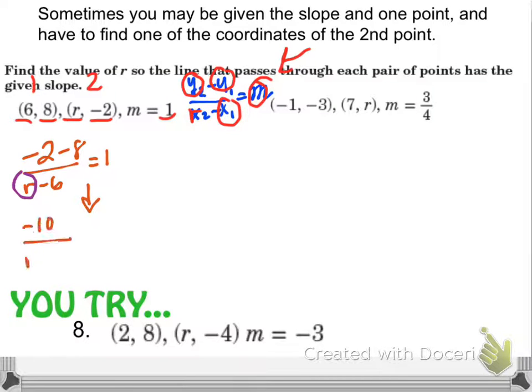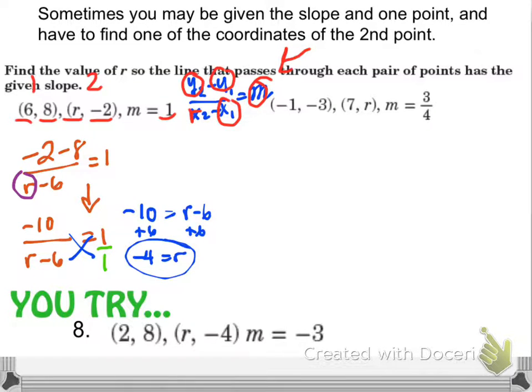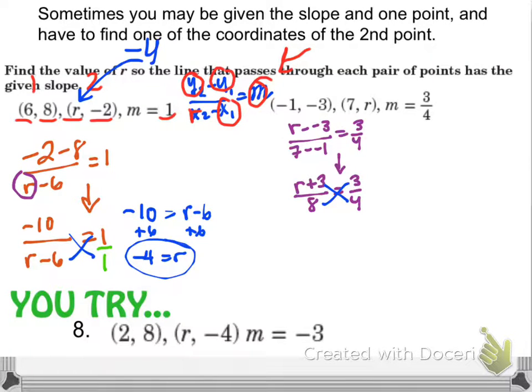So we go ahead and do that. Simplify it. Now I put that 1 over 1 so I can solve this like a proportion. And I distribute, solve, and add to both sides. R equals -4. So that's what makes that slope work. On the second one, I plug them into the slope formula. I'm going to simplify and then cross multiply.